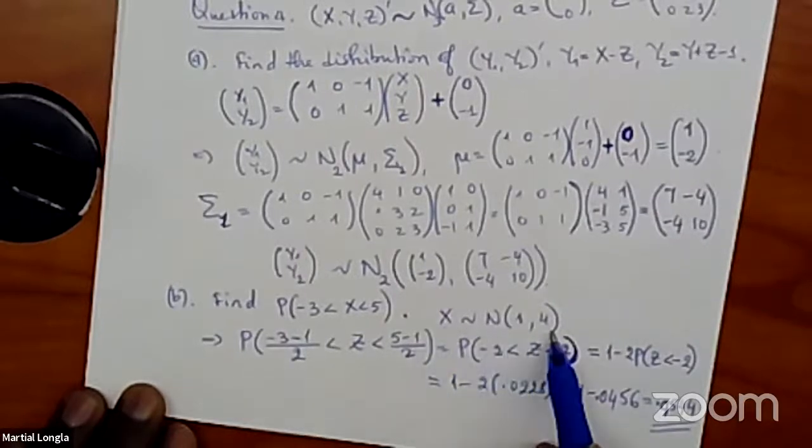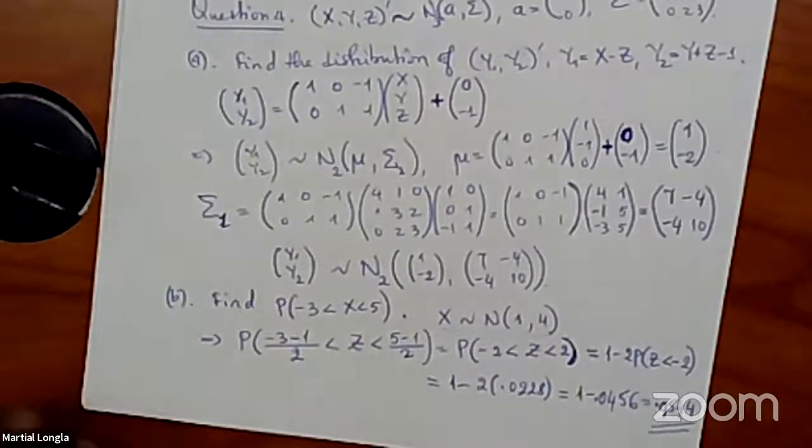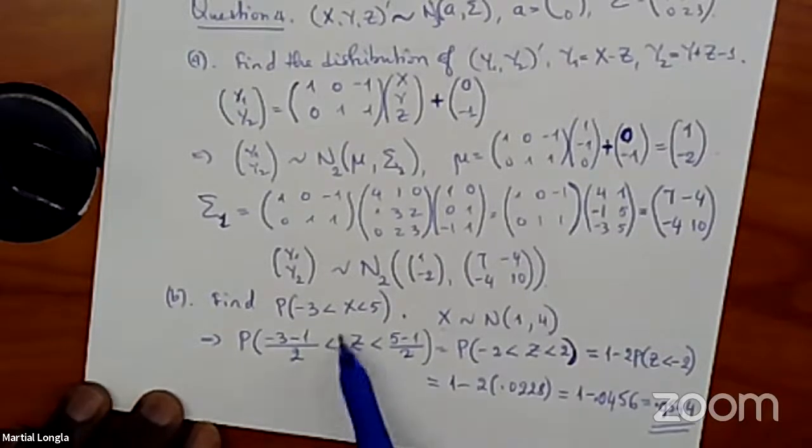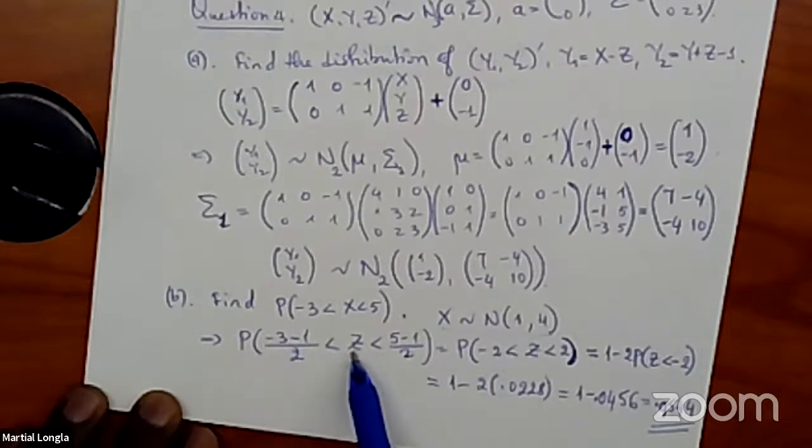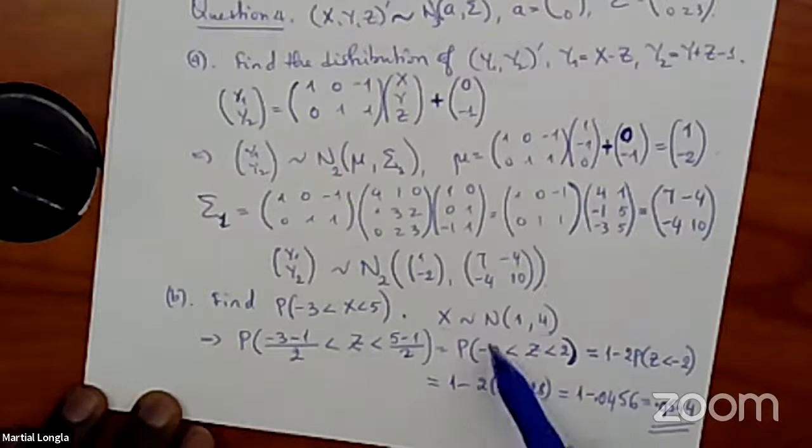So that's the distribution that needs to be used to find the probability. So using that distribution, you form the Z values, (-3 - 1)/2 less than Z less than (5 - 1)/2, which gives you probability that Z is between -2 and 2.